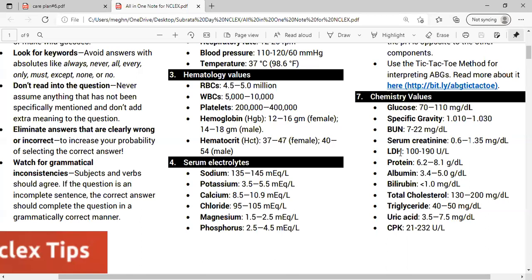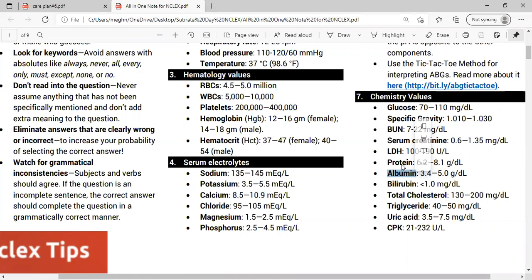LDH, lactate dehydrogenase, is an enzyme or marker that indicates heart problems. Normally it is 100 to 190 units per liter. Protein is 6.2 to 8.1 grams per dl. Albumin is 3.4 to 5.0 grams per dl. Albumin is one type of protein. Protein is a chain of amino acids, and albumin is the smallest molecule of protein.